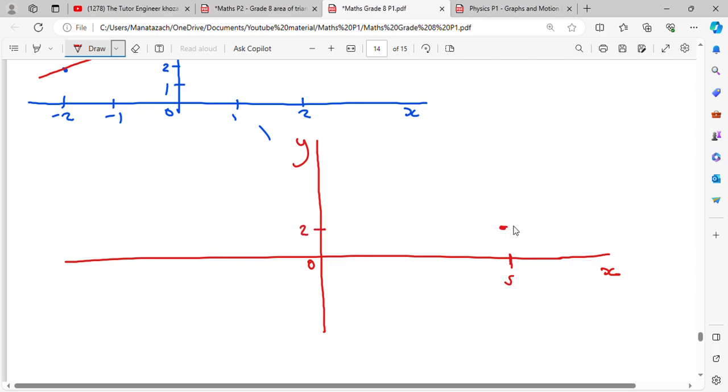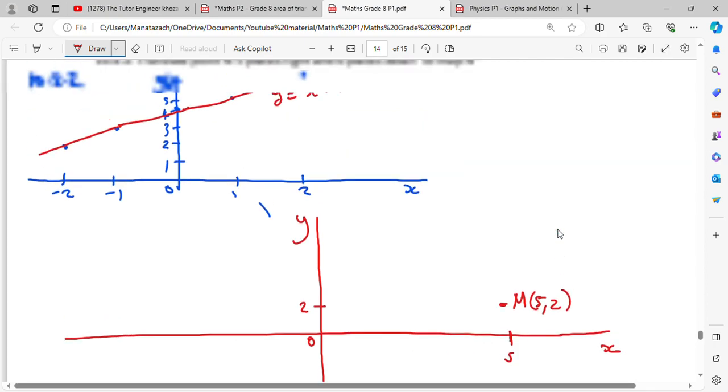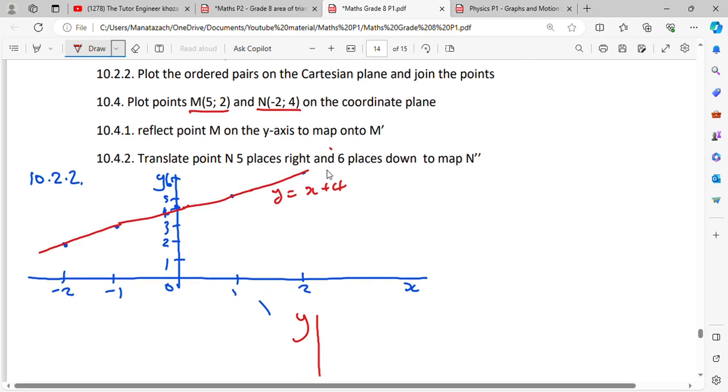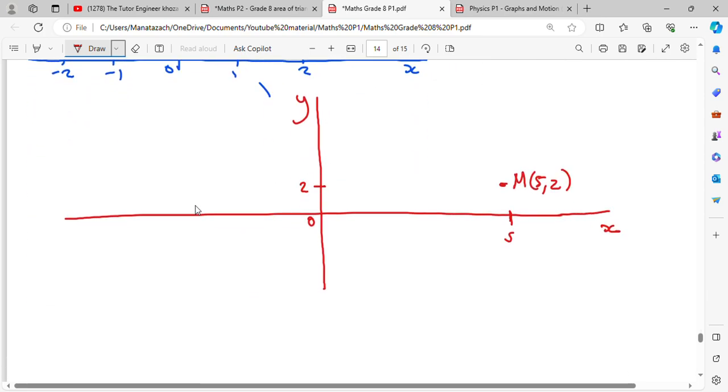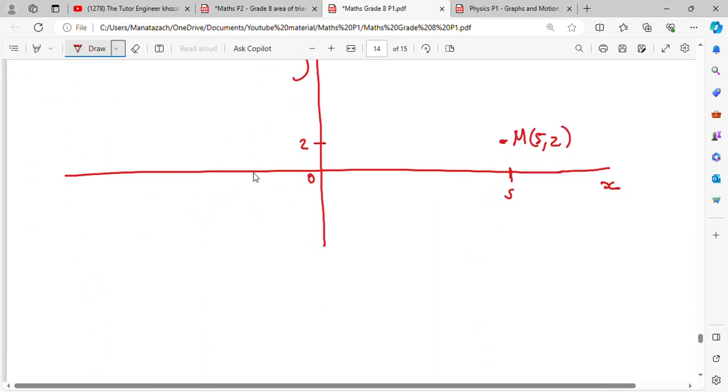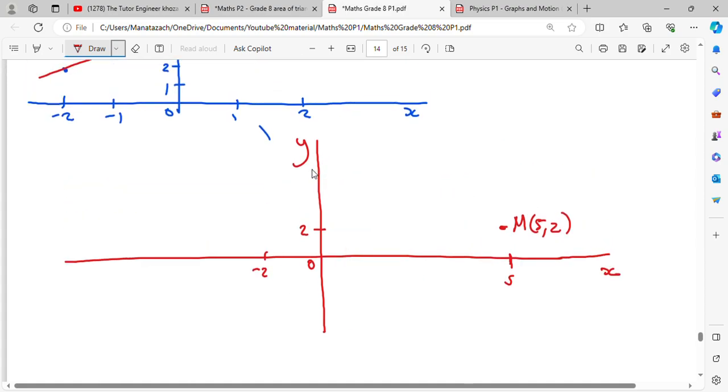Point M is about here. Then point N is when x is minus 2 and y is 4. Sorry, is it minus 2? Yes, that's correct, minus 2. So minus 2 is about here, and then 4 is about over there. So okay, let's write this side minus 2 and 4.